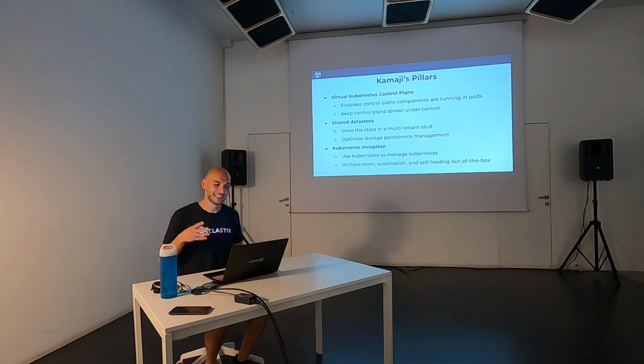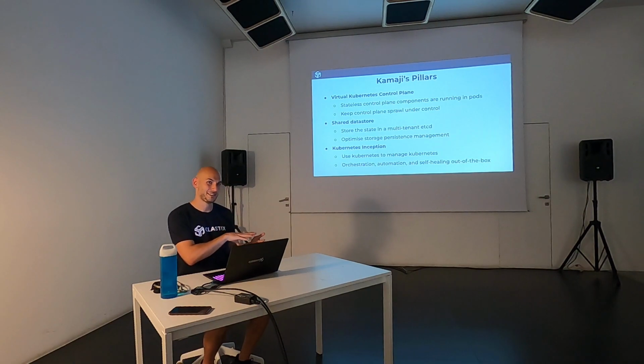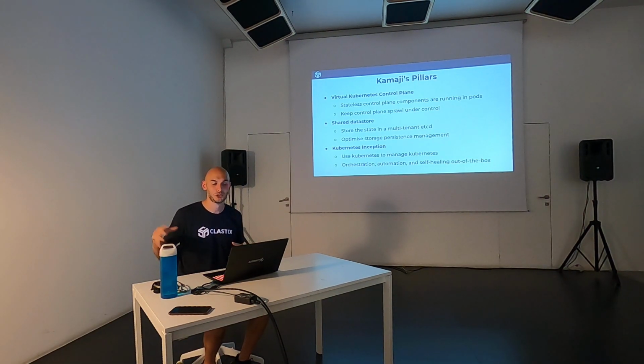So the pillars behind Kamaji is that we know that there is a component that is the stateless application of the Kubernetes cluster, and then we got the etcd, and I will show you how we are enhancing the etcd. And then we got also a sort of control of the cluster sprawl, because when you got a fleet of clusters deployed in an AWS environment, you're ending up with a load of machines, and it means that you have to connect to AWS, query all the requests to the API server of AWS, asking what is the EKS or the managed clusters.